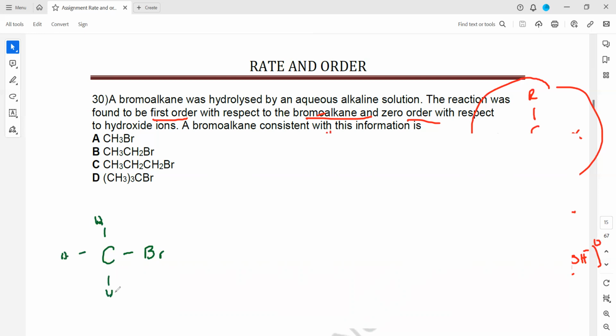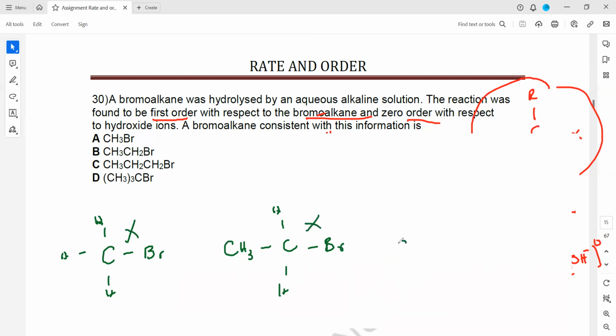So this is not a tertiary halogenoalkane, so A is not right. When we check option B, CH3 is there, CH2, the second one, and Br. So this is not a tertiary halogenoalkane, because to be tertiary, the carbon which is bonded with the halogen must be surrounded by 3 carbons. So B is not correct.